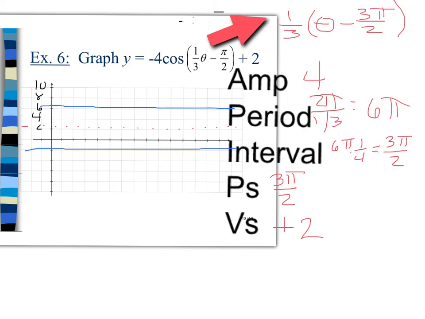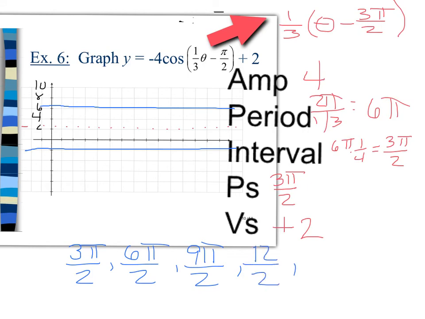You need to figure out your intervals, so I start with 3 pi over 2. And each time I'm adding a 3 pi over 2, so I get 6 pi over 2, 9 pi over 2, 12 pi over 2, and then I'm going to have 15 pi over 2.